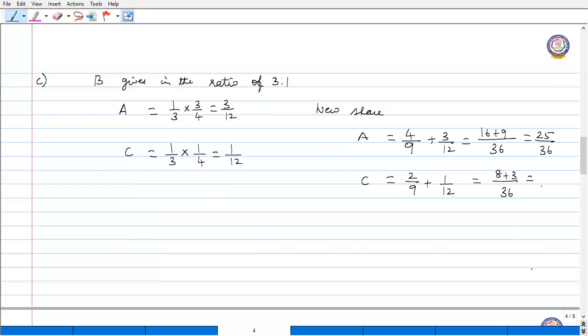So it is 11/36. So now the new profit sharing ratio of A and C is equal to 25/36 to 11/36, which is 25:11.